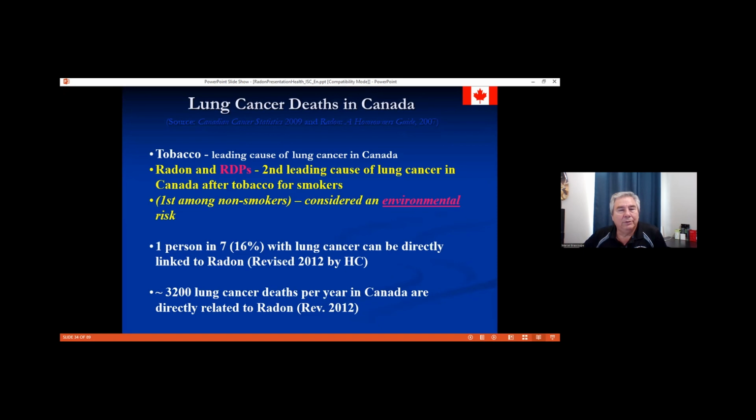For non-smokers, radon is number one. So if you know somebody who never smoked in their life and got lung cancer, there's a good chance it came from radon. It's estimated that about 1 person in 7, or 16% of people with lung cancer, could be related directly to radon. That represents about 3,200 lung cancer deaths per year in Canada.